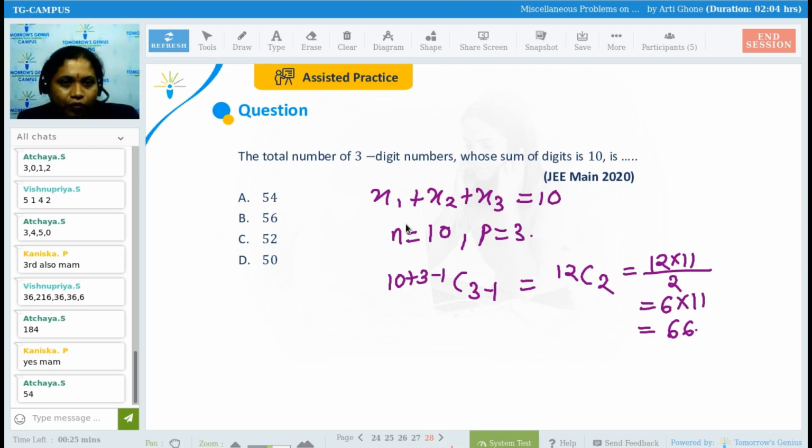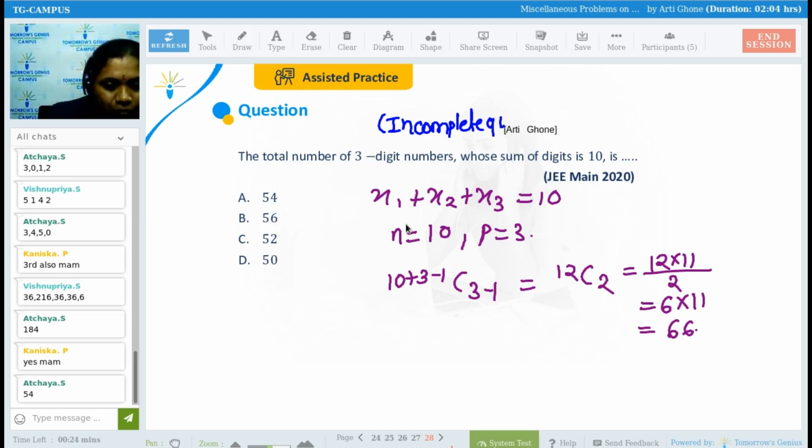Can you please explain why Beggar's method is not applicable over here? So actually this question is an incomplete question. Maybe at that time the bonus will be credited for this question.